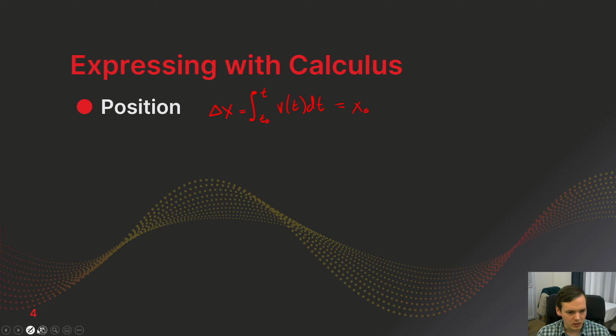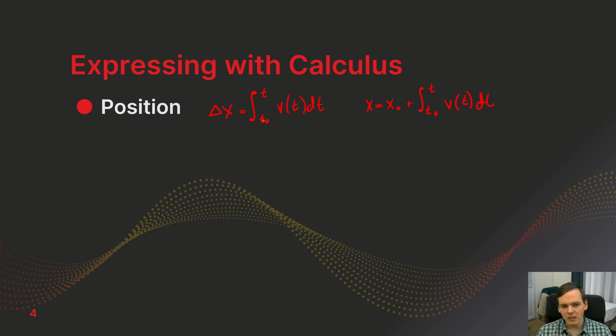Another way of saying this is that x is equal to the initial position plus the integral from the initial time to the final time of the velocity function.